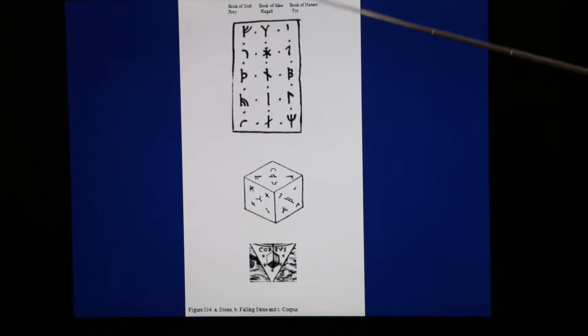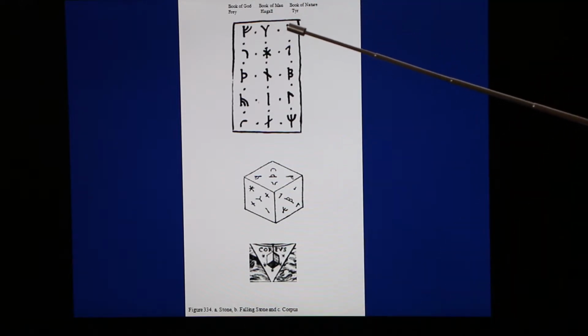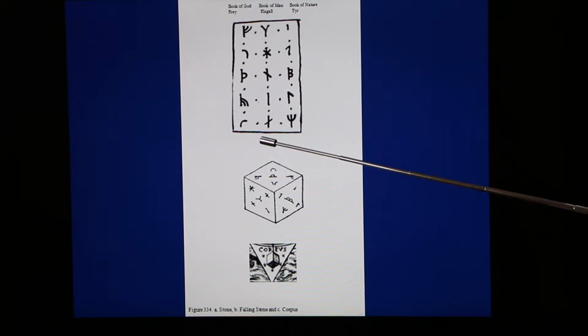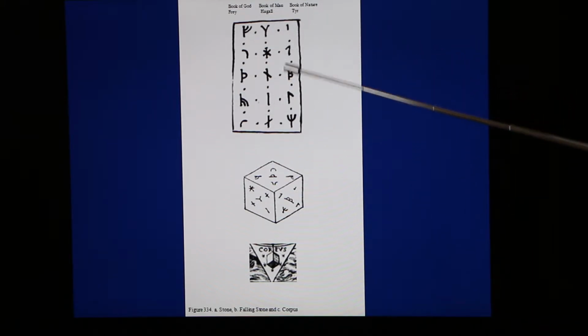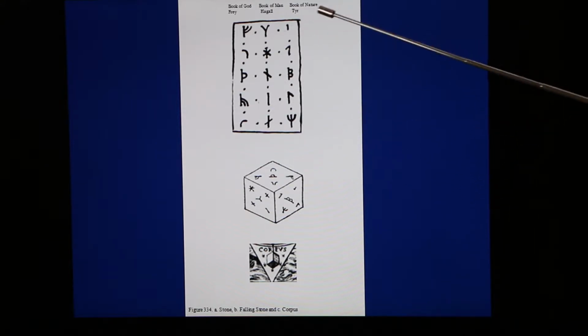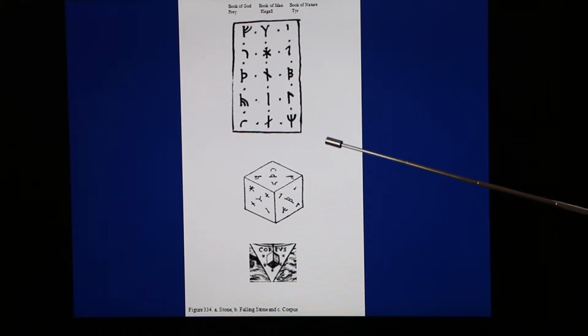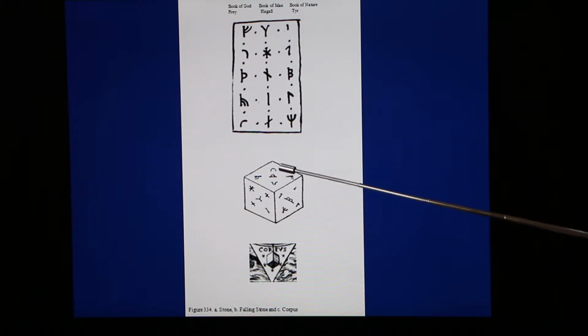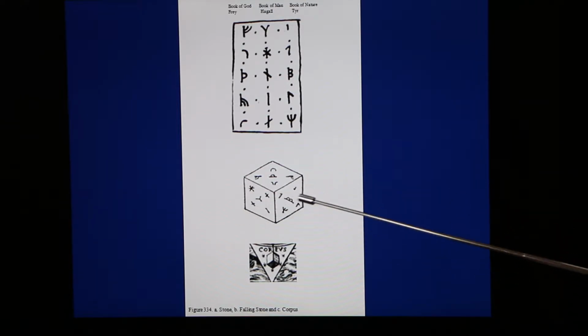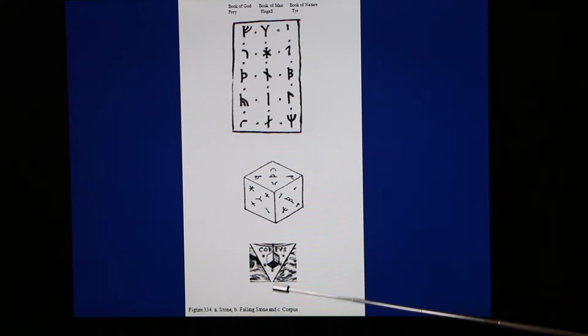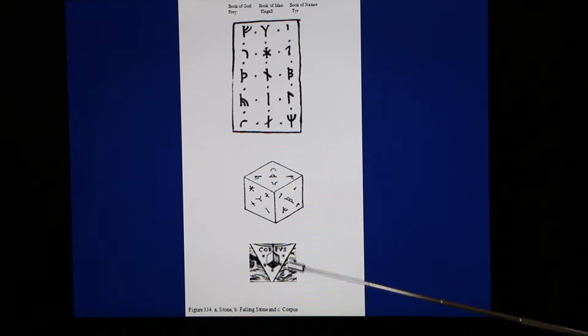But here we see that if we take them as 3 lines, we have a book of God, which is this line, a book of man, which is this line, and a book of nature, which is this line. And then they can be reproduced on a cube like this in geometrical forms. And then in the Kabbalistic tradition, that cube becomes the starting point for transformations of nature from a cube into another shape and into other elements.